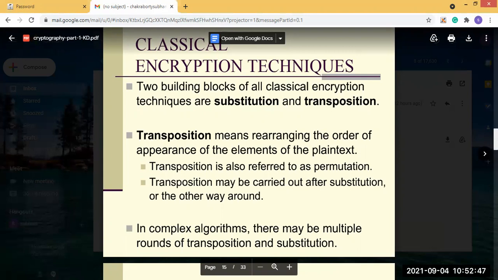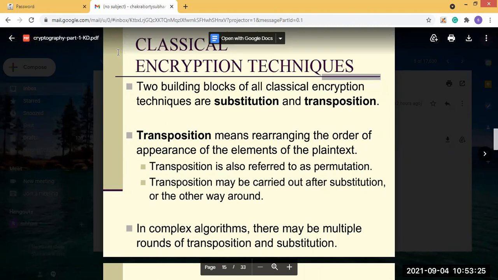That is the difference from substitution, where we substitute. We use the transposition technique. Transposition is also referred to as permutation, which means we are rearranging the order of the appearance of the elements of the plain text.